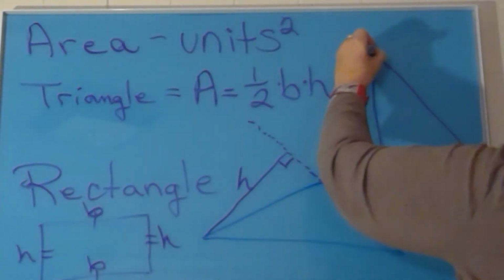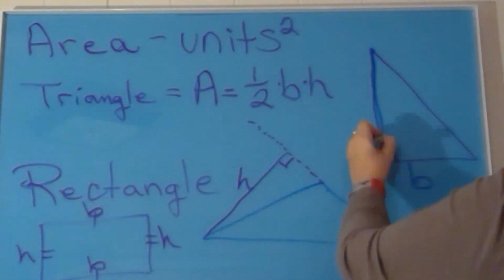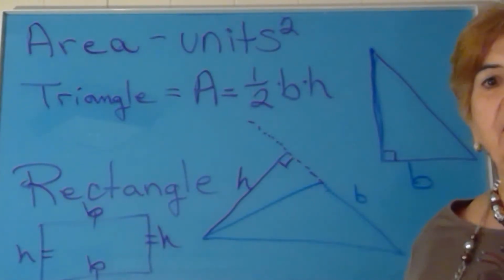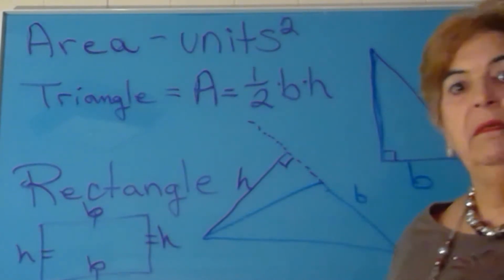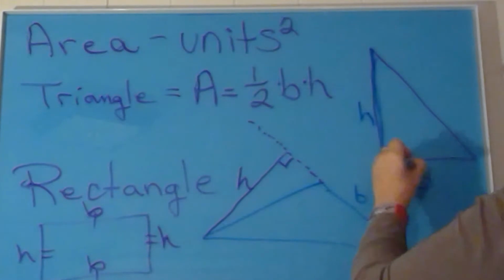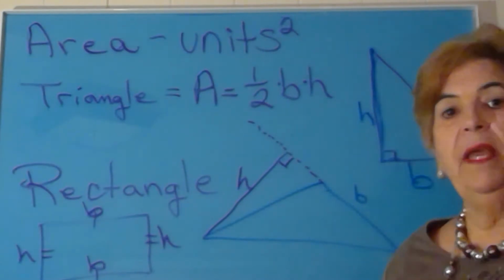Well, that side is perpendicular to the base. So with a right triangle, the two sides that form the right angle are your base and your height.